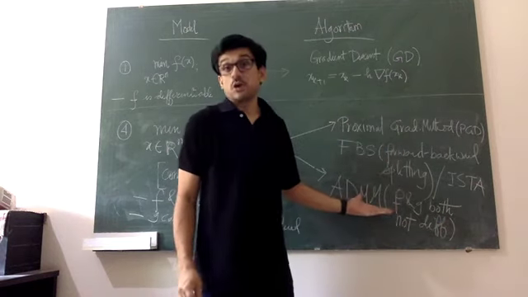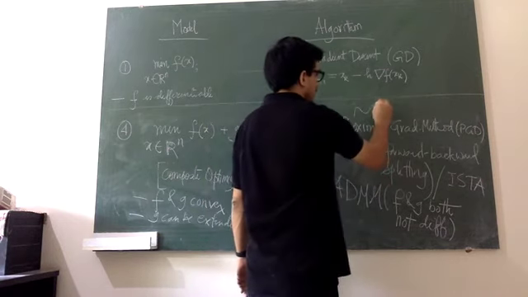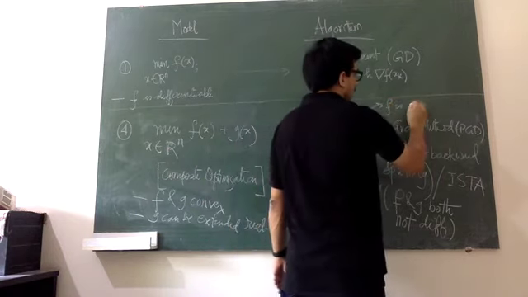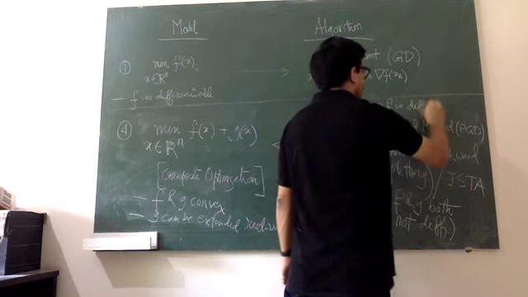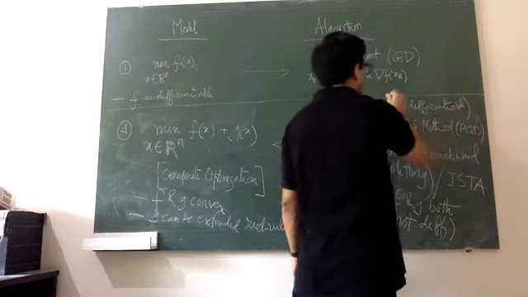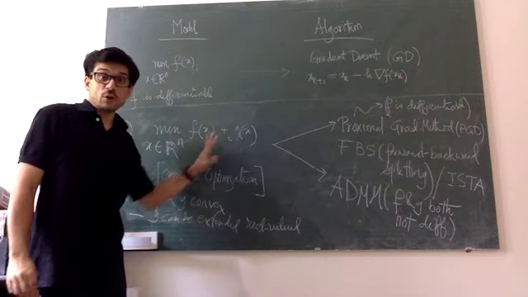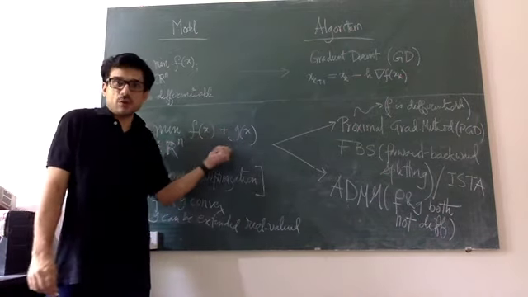Both f and g can be non-differentiable actually, but typically what happens is you assume this one is smooth, that's why you write them separately, otherwise you could have combined them.